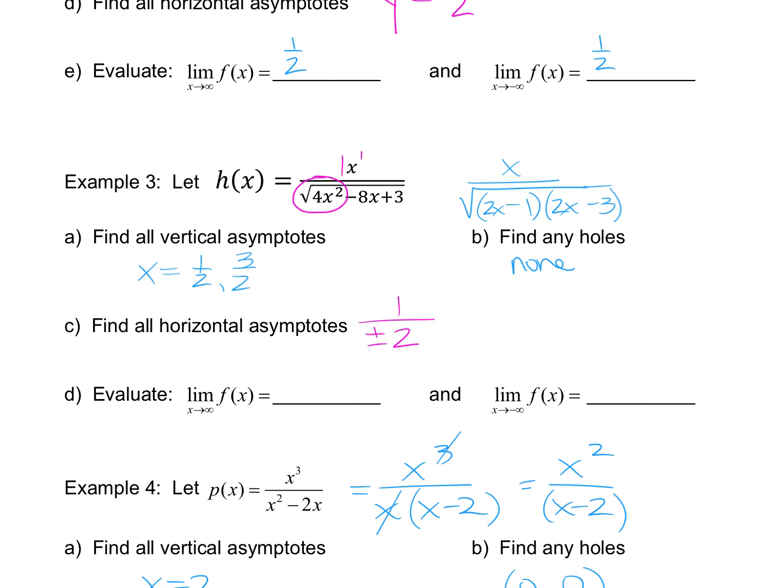There are 2 horizontal asymptotes, one at 1/2 and one at -1/2. So how do I know which one gives me the answer to the limits at infinity? Well, here's the easy answer. If you're doing the limit at positive infinity, the answer is the positive one. If you are doing the limit at negative infinity, the answer is the negative one.